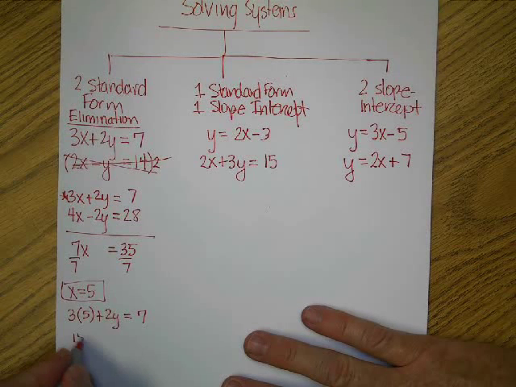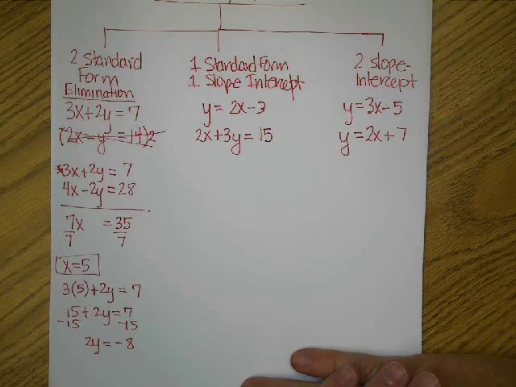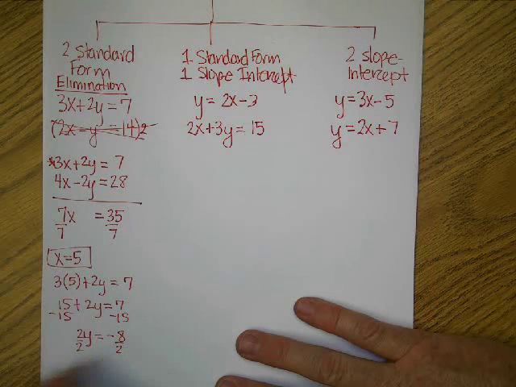So we multiply: 3 times 5 is 15, plus 2y equals 7. Subtract the 15 over, and we get 2y equals negative 8. Am I going too fast? Then divide out the 2, and we get y is negative 4.